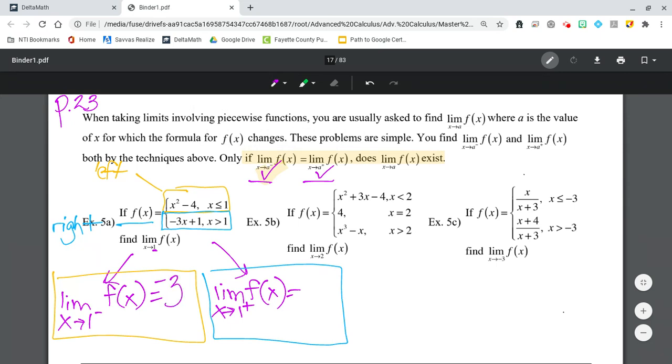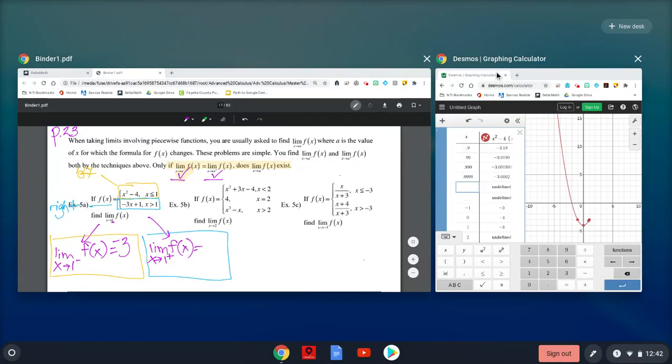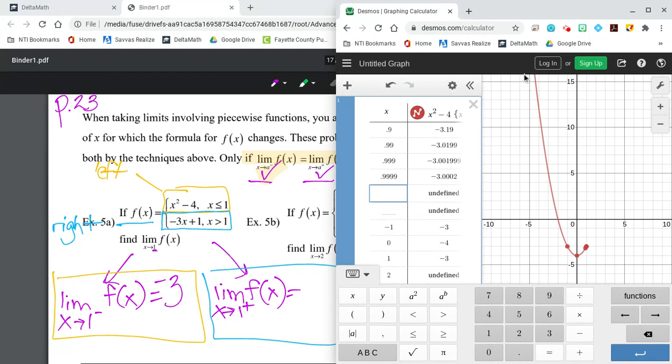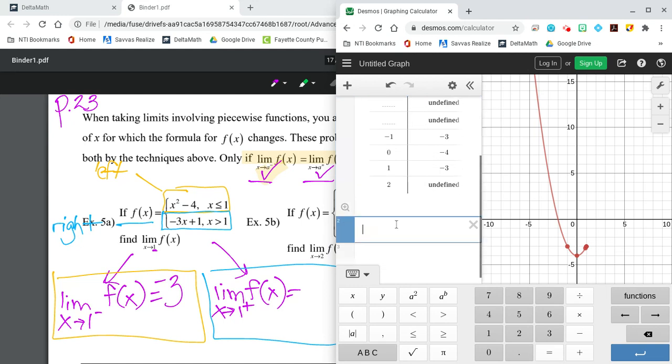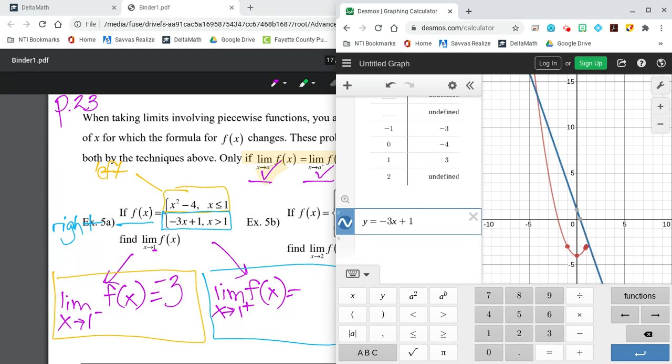Okay, so then let me pull Desmos back up so I can do the right-hand limit. Now you can delete this graph if you want, or if you want to keep it up there and see what the whole function looks like together, I can just start a new line. I'll say y equals -3x plus 1, but now I need a brace because I only want to graph that when x is greater than 1.